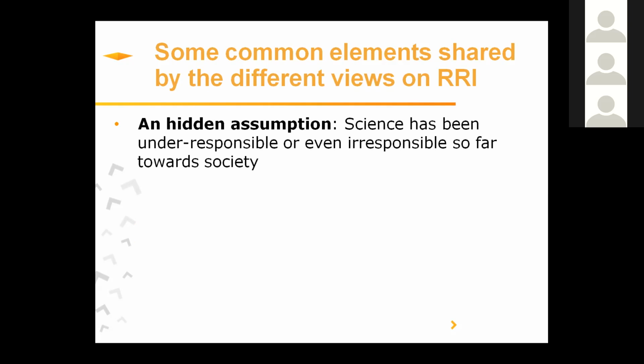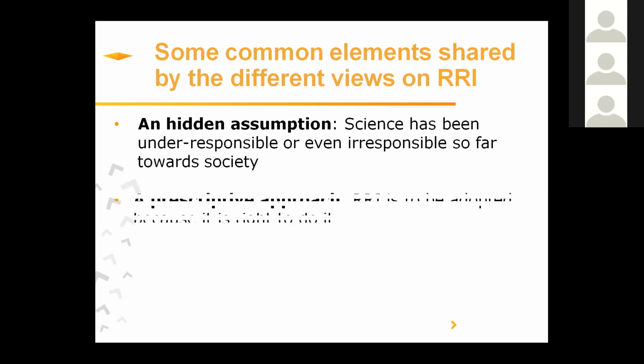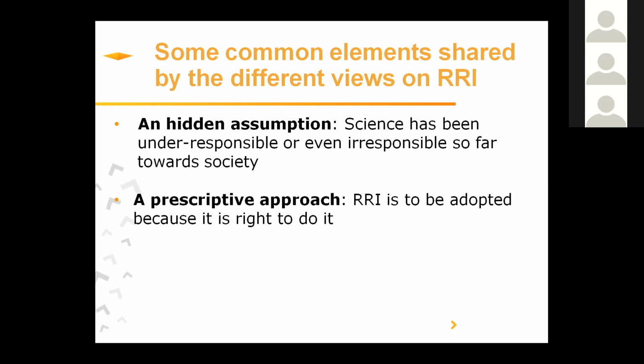That is, there is an interpretation of the history of science in the last decades. A second element, according to me, is a prescriptive approach. That is, in the majority of cases, RRI is conceived as something to be adopted because it is right to do it. There is a moral constraint, there is an ethical pressure for adopting a responsible research approach.